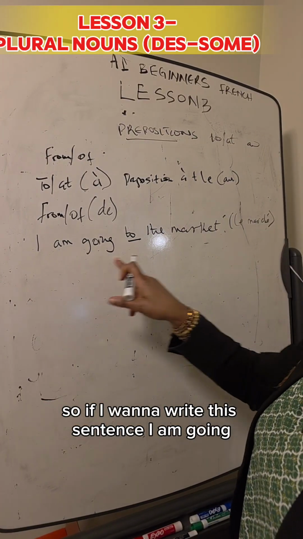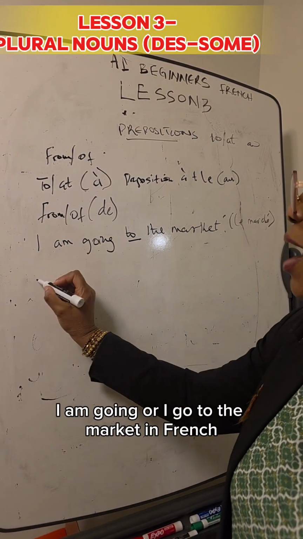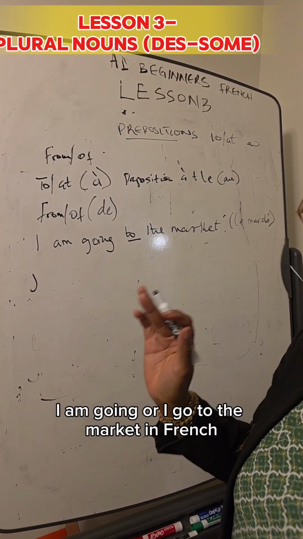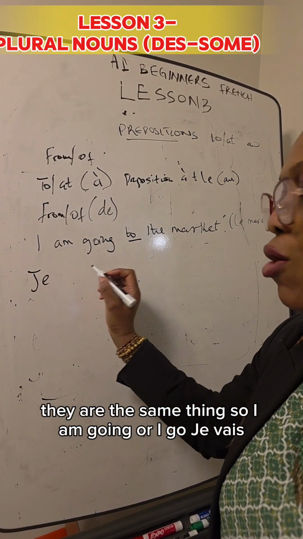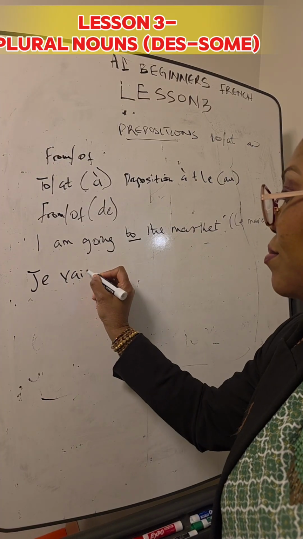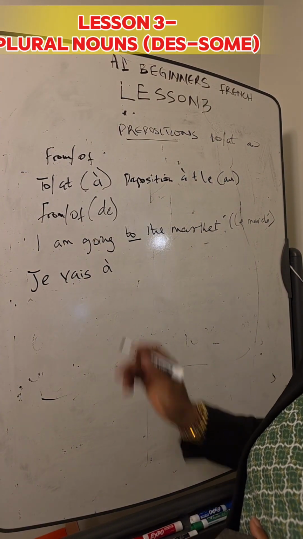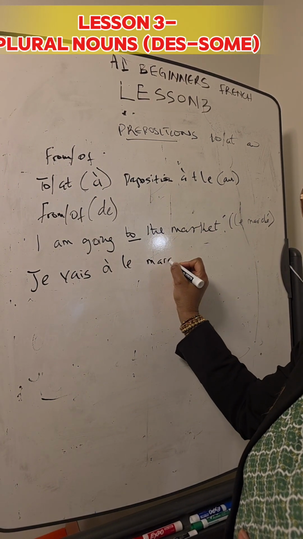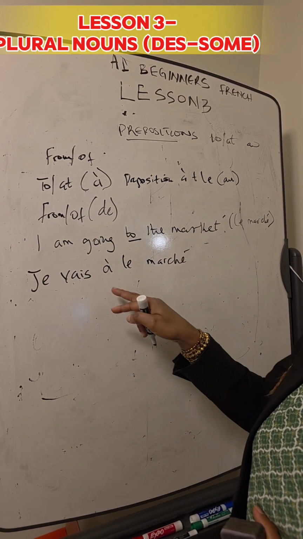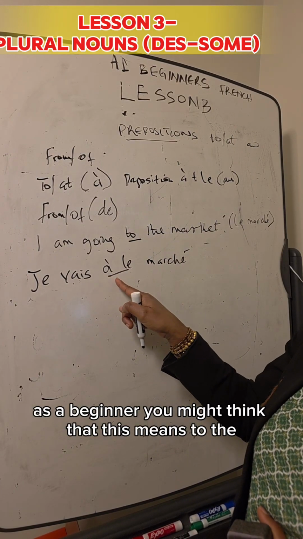So if I want to write this sentence, I am going to the market, or I go to the market in French, they are the same thing. So I am going, or I go, je vais. To, à, the market, le marché. As a beginner, you might think that this means à le.